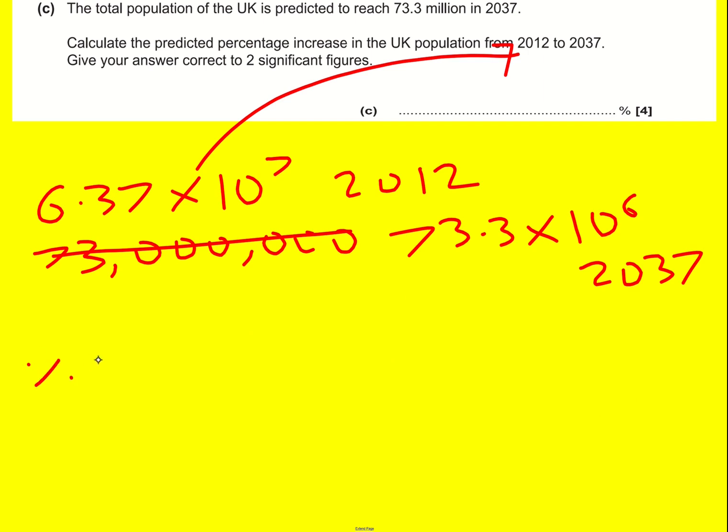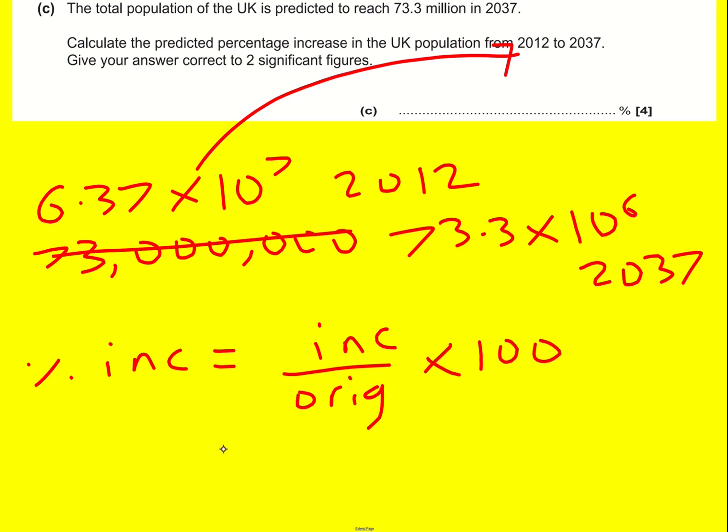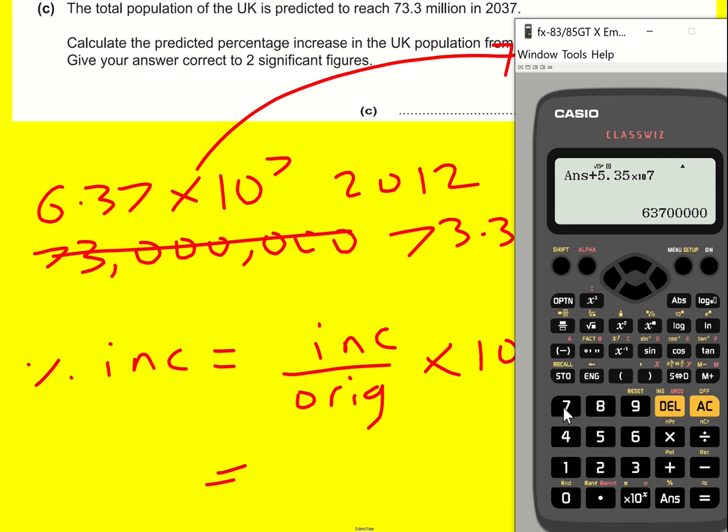One way is to write down that percentage increase is equal to the increase divided by the original times by 100. So you're going to need to subtract these two. So I'm going to do 73.3 times 10 to the 6 minus 6.37 times 10 to the 7. That gives me 9,600,000.